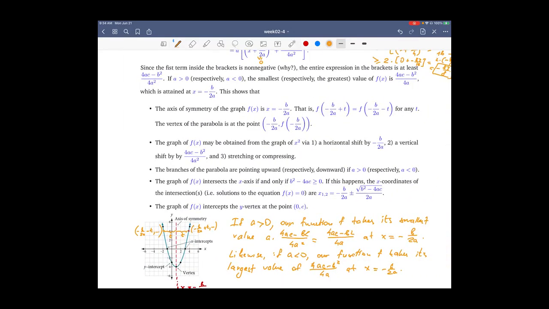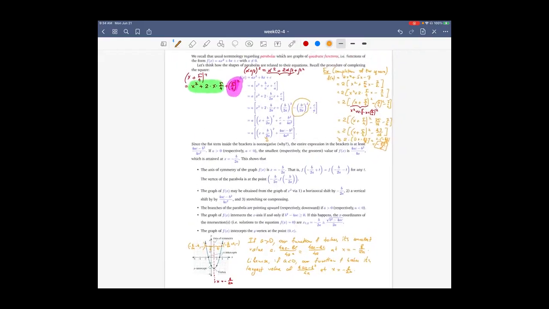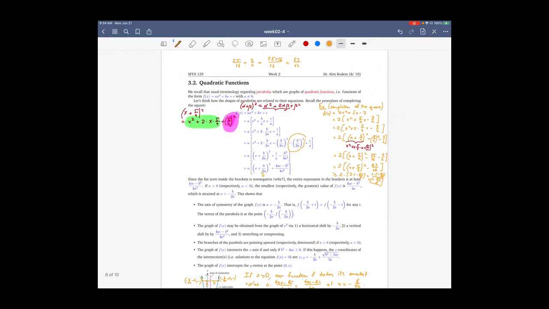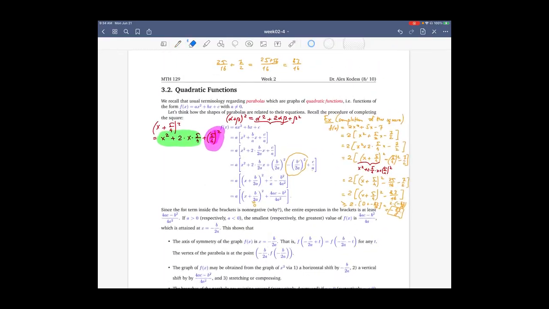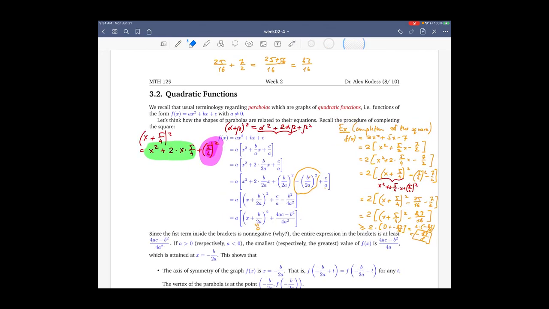We can actually do that. It's easy to check that the value of f at these 2 points are equal. f at negative b over 2a plus or minus t is the same, whether it's plus t or minus t.